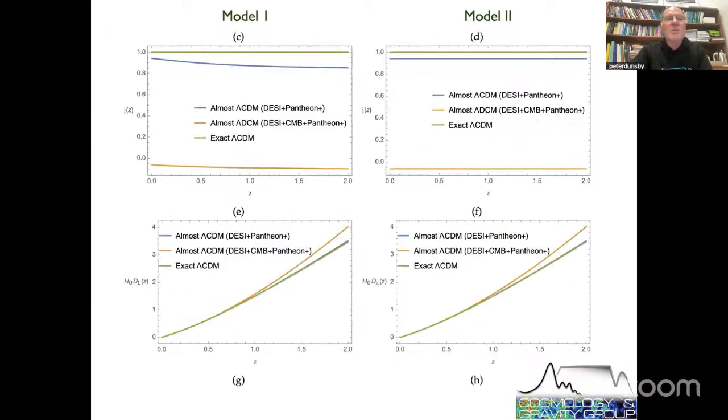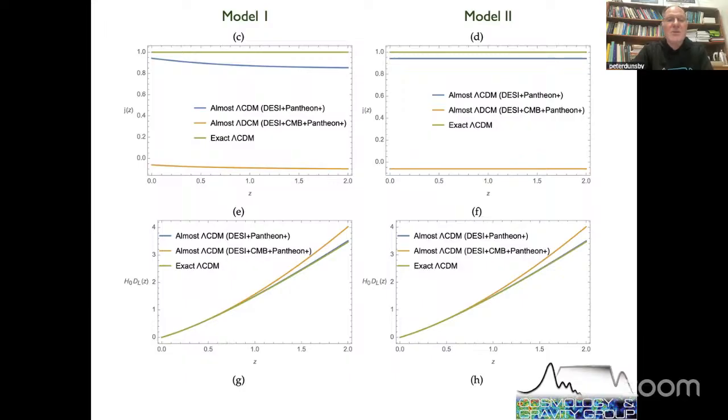And then you can compute the jerk parameter, and the same pattern occurs. For DESI plus Pantheon, you have J values which are not too different from 1. They're fairly constant for both model 1 and model 2. But the moment you add CMB data into the mix, you get a jerk parameter which is totally different from what you would expect.